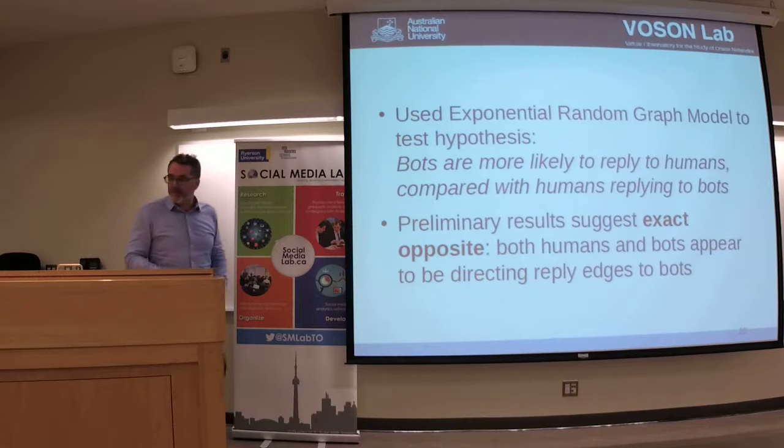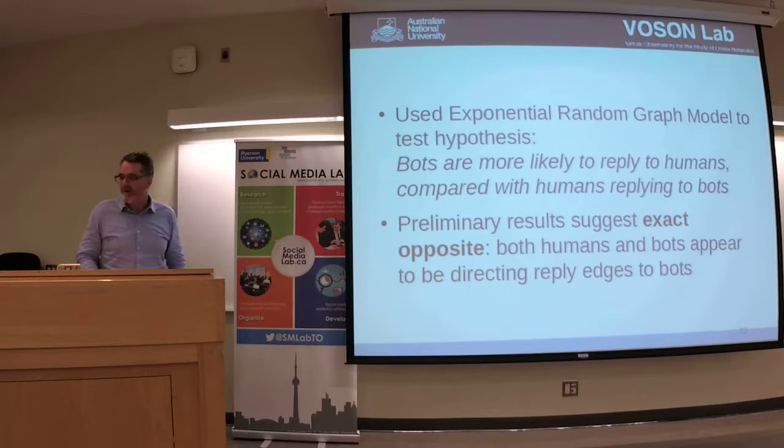Then what we did is we used exponential random graph modeling. This is a statistical social network analysis technique. Essentially, and I won't assume that people are using this approach, but it could be something you're already familiar with, it's like logistic regression, but for networks.